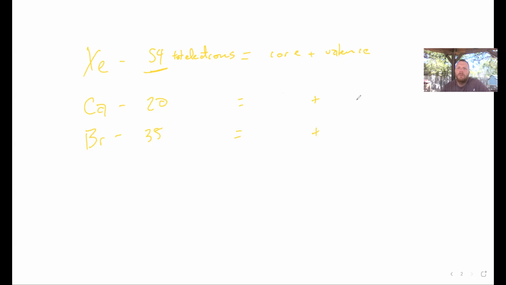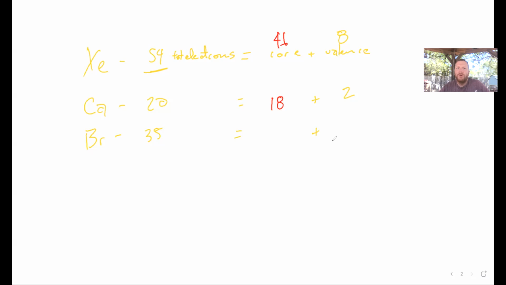So xenon has 54 total electrons, 8 valence electrons, therefore it has 46 core electrons. Now calcium has 2 valence electrons, and therefore it has 18 core electrons, because 18 plus 2 equals 20.